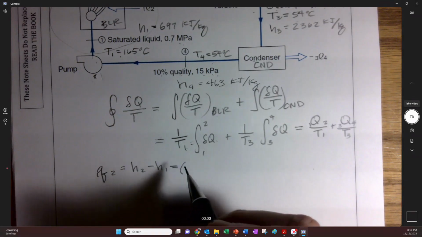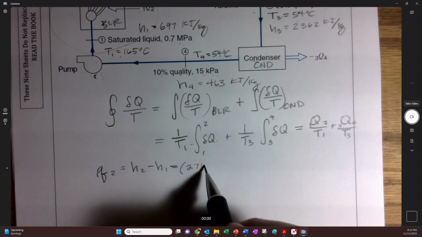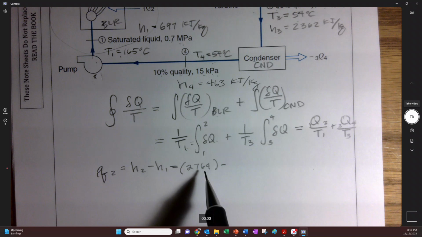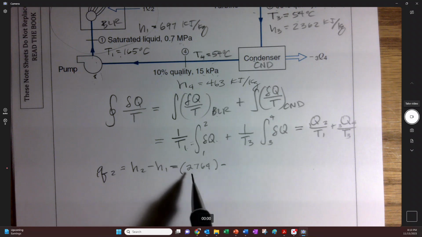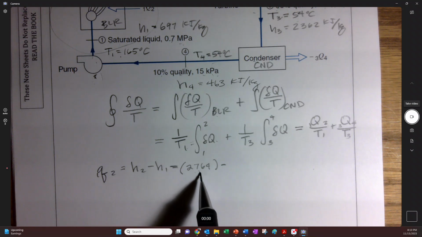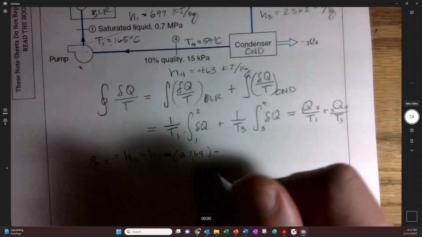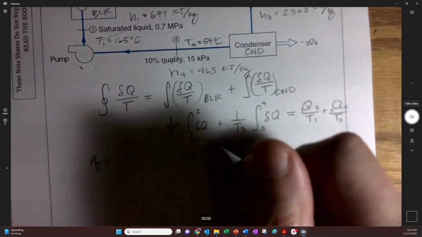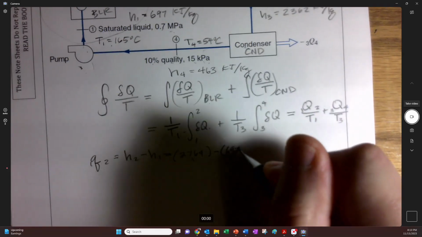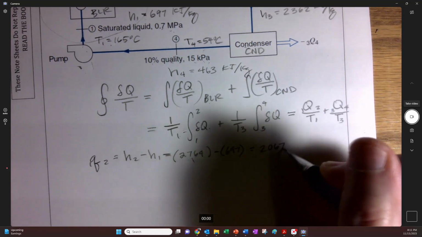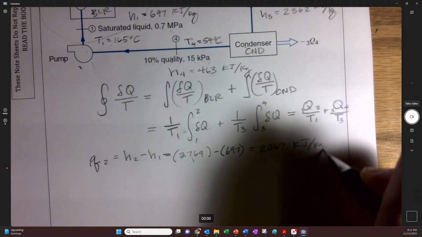That's going to end up being 2,764 minus, this is coming out of the boiler up here, and this is coming in, 697. So we have 2,067 kilojoules per kilogram.